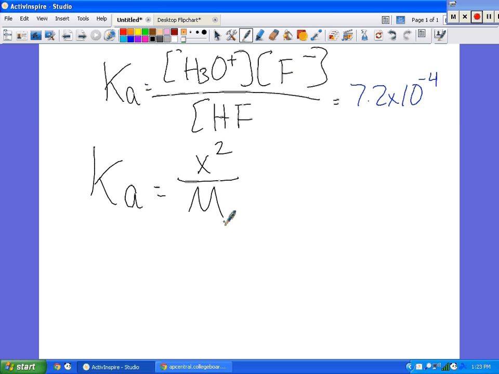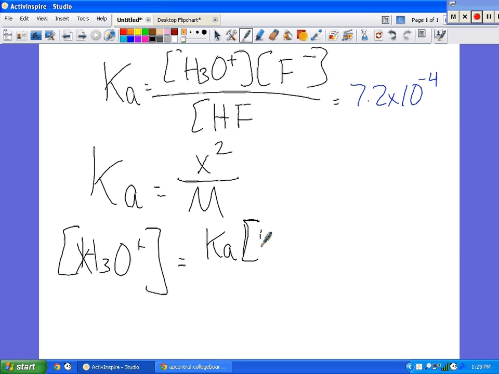After you've written this, H3O plus equals Ka times, let me make sure I'm doing this right. It'd be Ka times, but you don't know this value. So times HF, and then I would do the square root, manipulating it somehow.